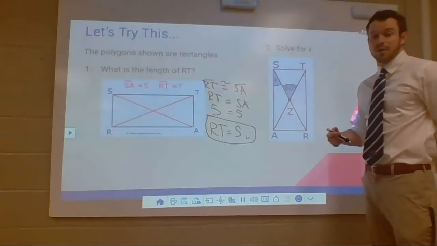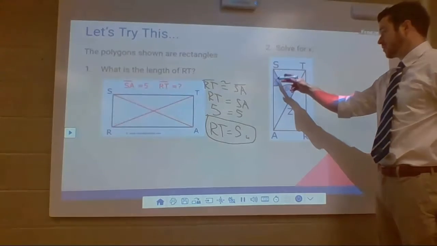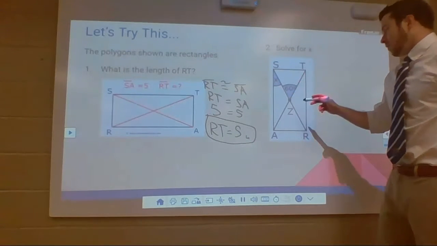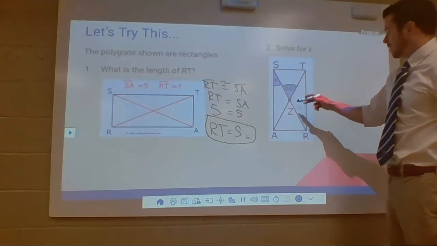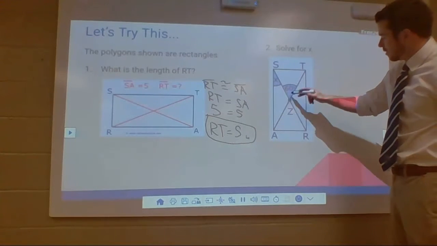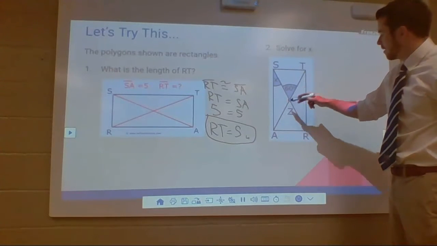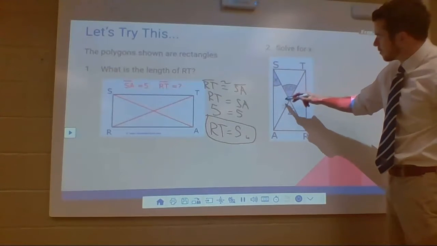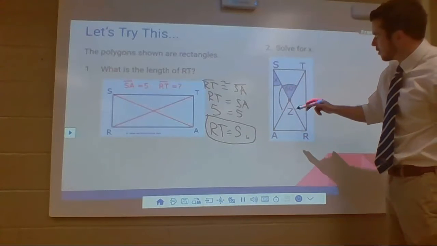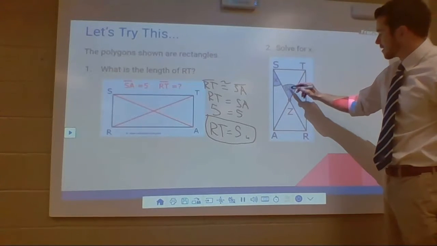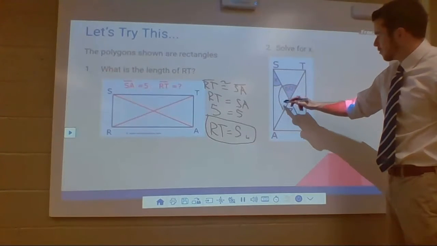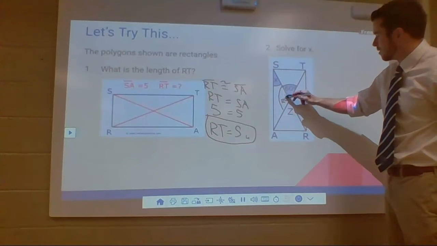Now there's a lot of different ways we can solve for number 2. Remember, we're trying to solve for x right here. One way we could look at it is that we have a straight line here from A to T, so we have two angles that make a linear pair. If this is 60 degrees, then this angle must be 120 degrees.